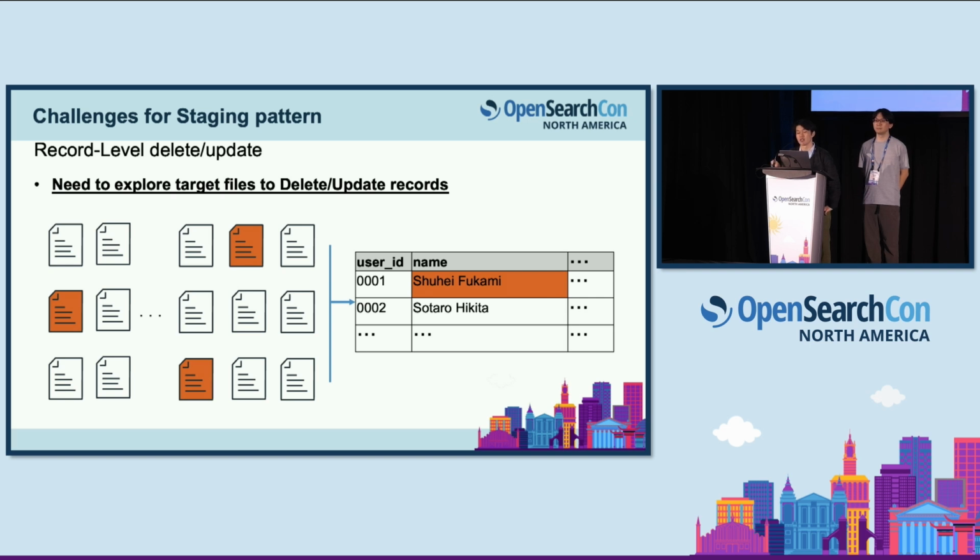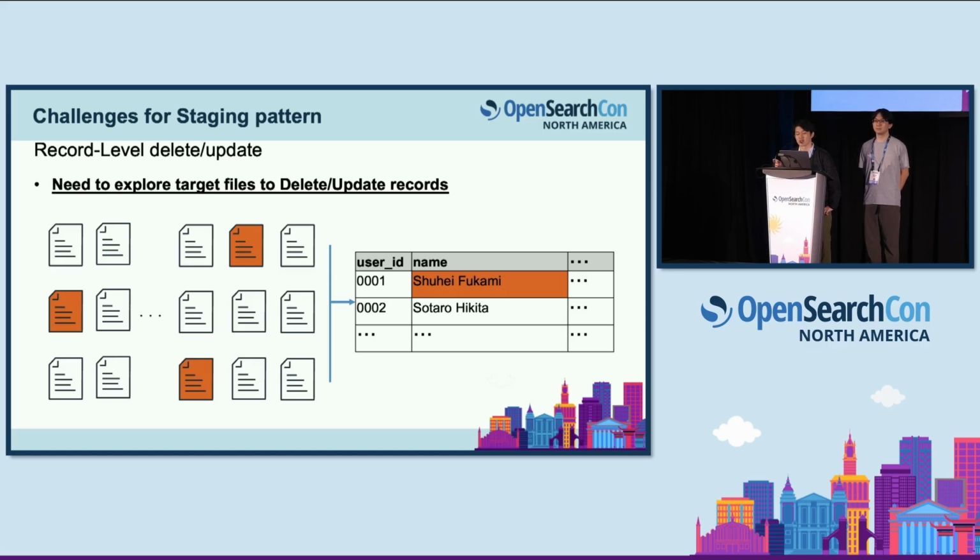For example, when handling data containing personal information, it's necessary to have the capability of record-level deletion or updates for compliance, such as GDPR. And OpenSearch has, of course, the capability of deletion, so it's no problem. But it's necessary to do the same thing to the staging layer, the staging stores.